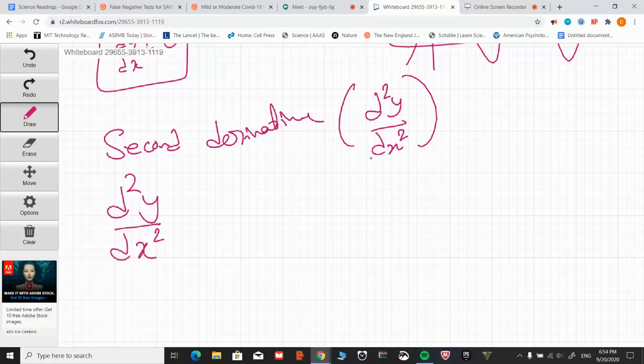Well, the formula is, তোমার সেকেন্ড ডেরিভেটিভের ভ্যালুটা যদি পজিটিভ আসে for a certain value of x that you just found, তাহলে we can surely say that that point is a minimum point.